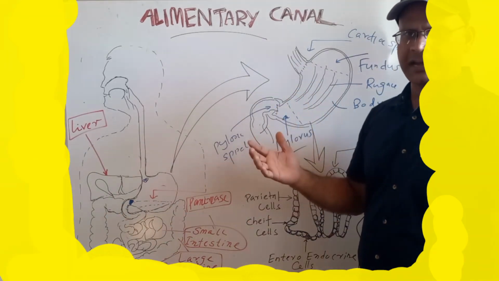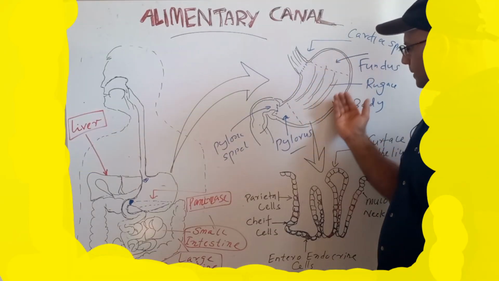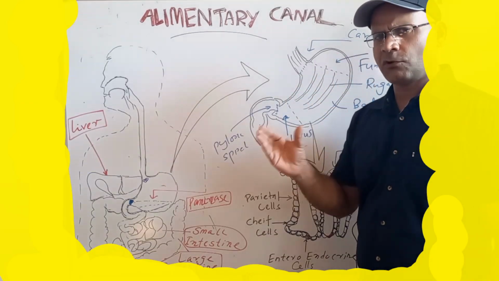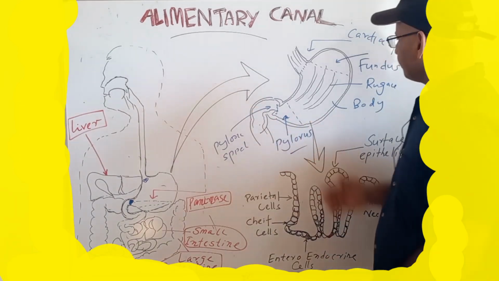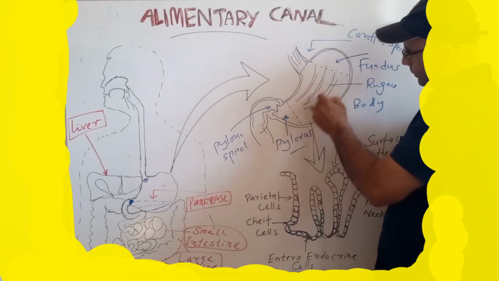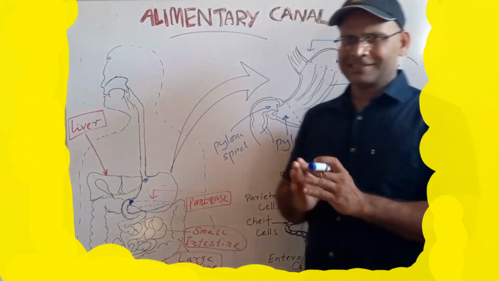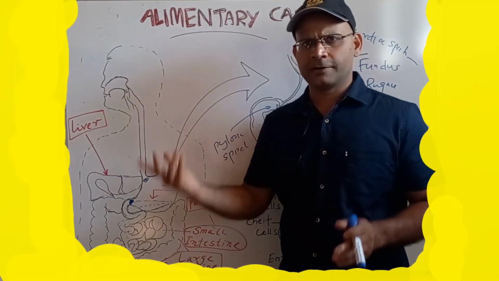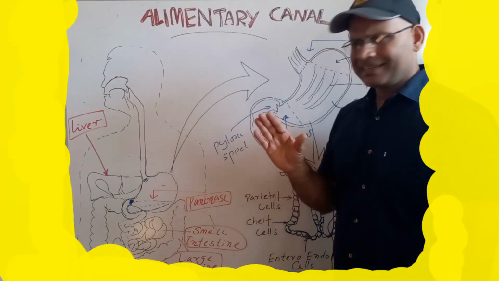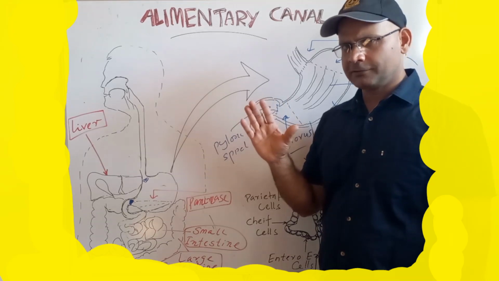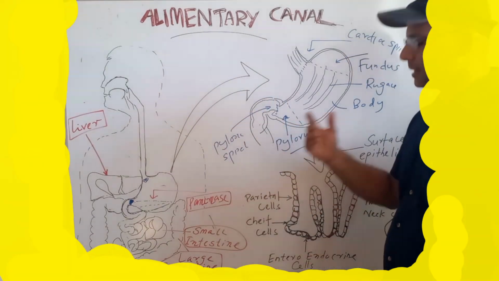In a resting state, the mucosal lining is thrown into folds. These folds are called rugae. These are the rugae in a resting state, but when food enters the stomach and it is distended, these rugae disappear. And the inner mucosal lining gives rise to a velvet appearance. This velvet appearance is due to the numerous gastric glands.